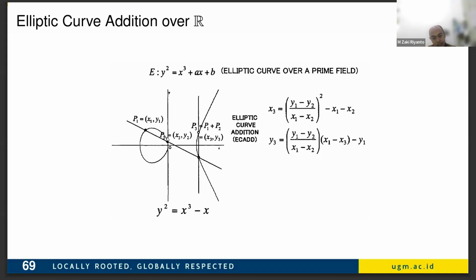And the third condition, if we want to add the same point, then we make a tangent line, and then the line will intersect another point on E, and then we reflect, and we get the addition of the same point.